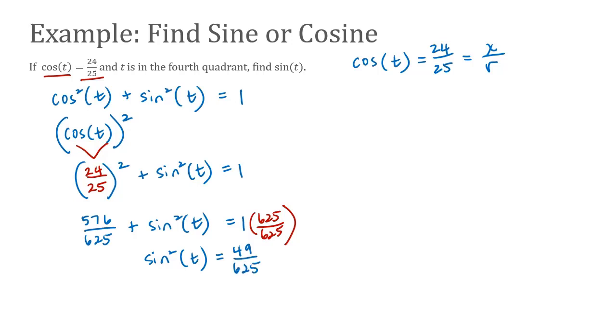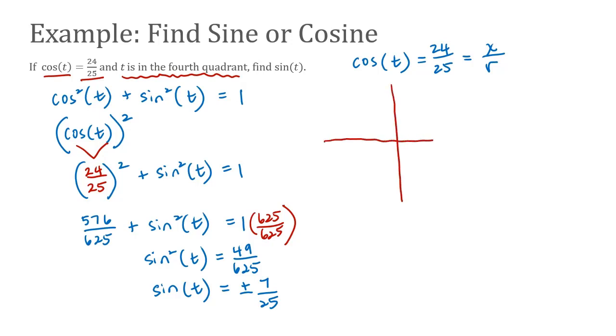And I'm going to square root each side to find out that the sine of t is equal to plus or minus the square root of 49, which is 7, over the square root of 625, which is 25. Now the final decision is: is it the plus or is it the minus? That's the purpose of being told at the very beginning that the angle is in the fourth quadrant. Let's draw a little circle here.